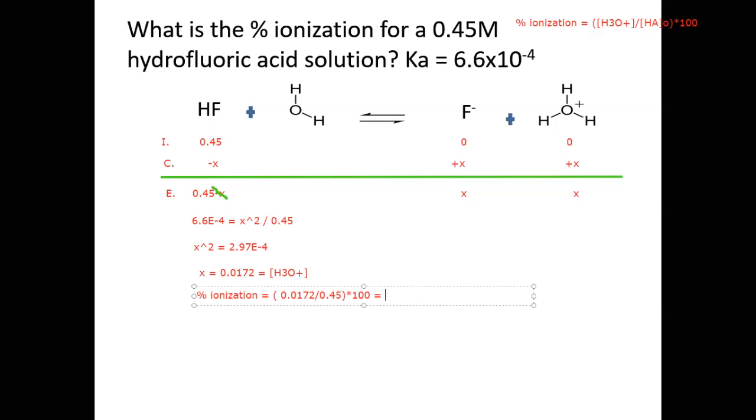It's about 3.82%. So that's the percent ionization of this solution of hydrofluoric acid.